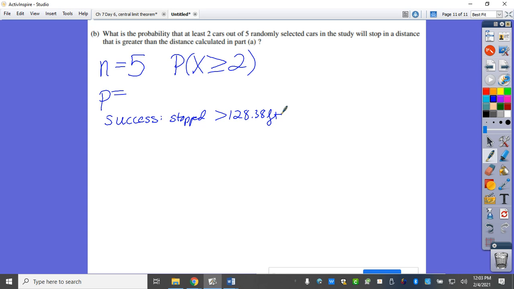And this is the part where I think it's really tricky for a reason that shouldn't be. He actually said that one very, very well, to make it easier than most people would try to make this one. How do I figure out the probability that they stop greater than 128.38 feet?